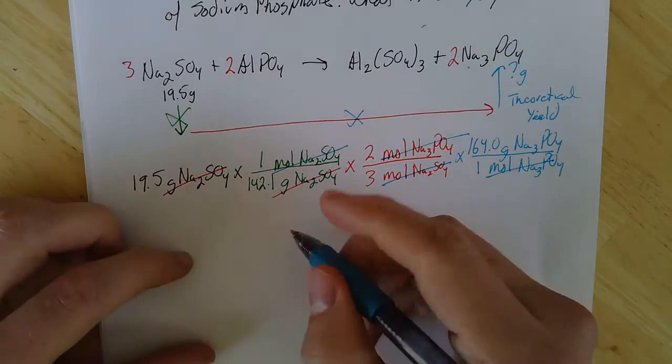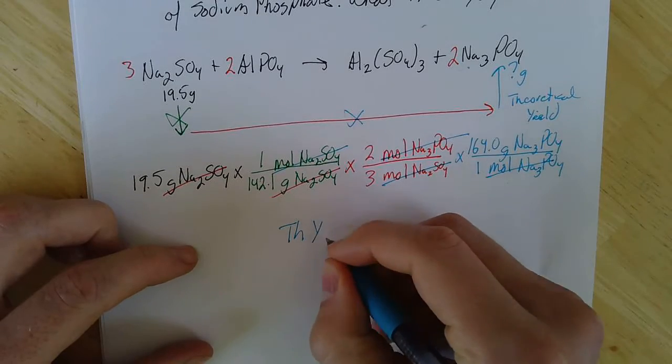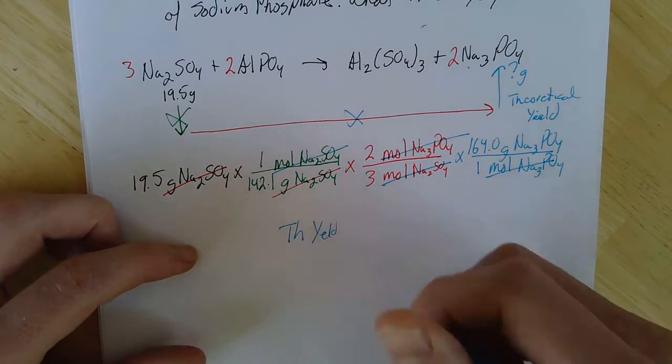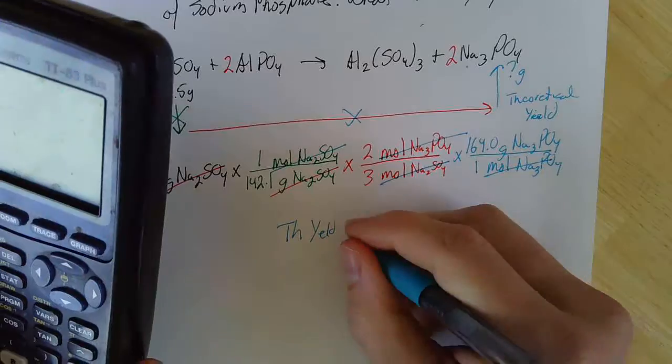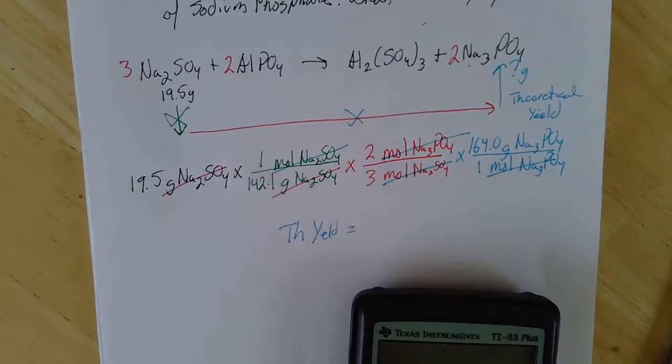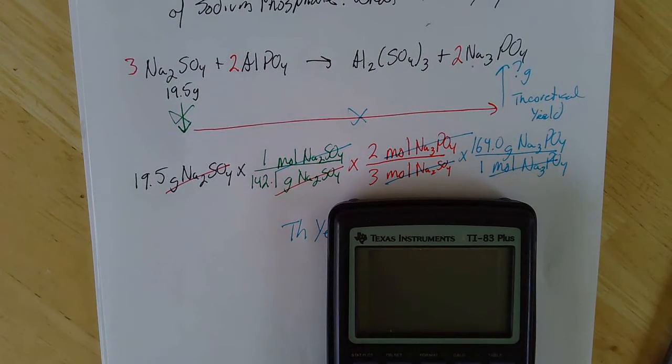So our theoretical yield comes out to be, just write it down, putting it in our calculator, so we have 19.5 divided by 142.1 times 2 divided by 3 times 164.